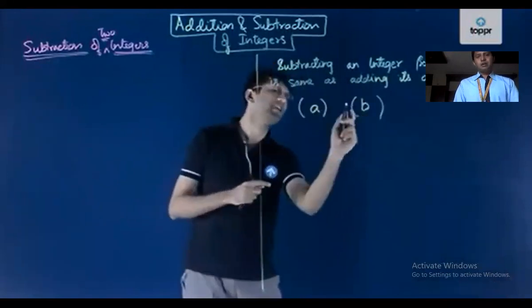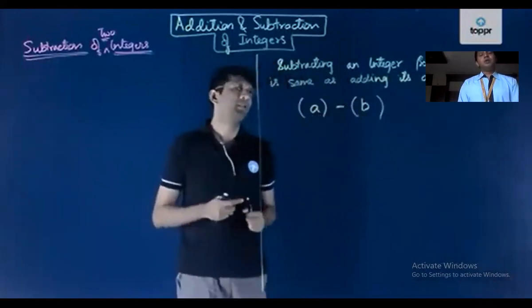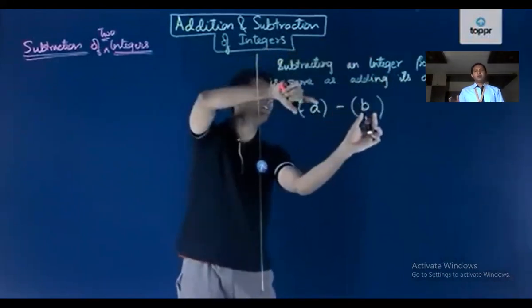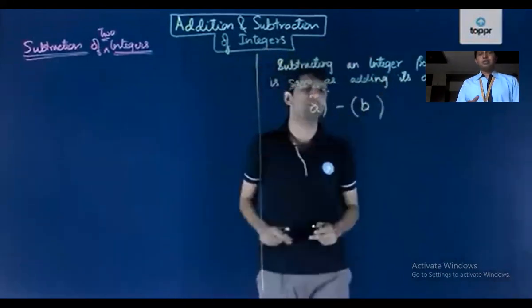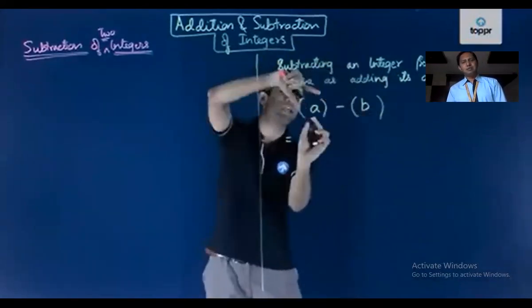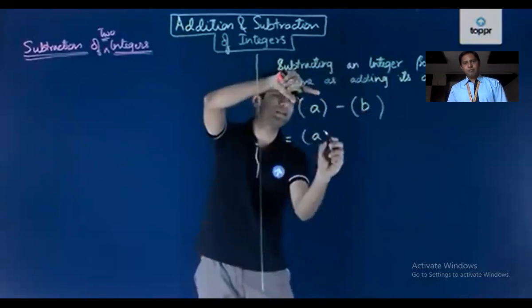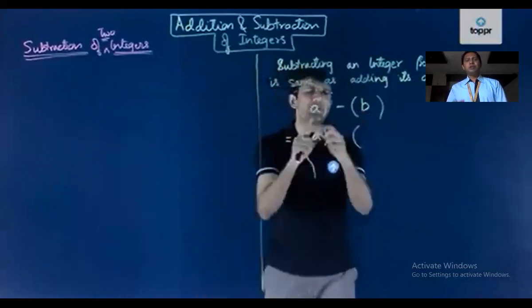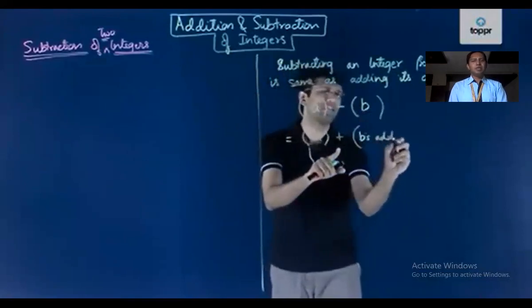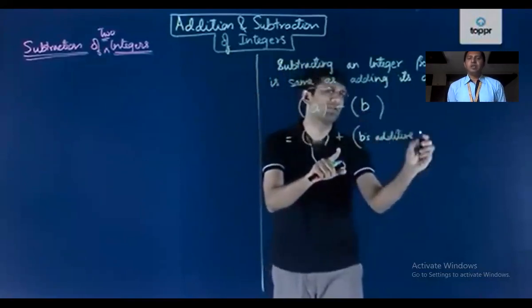So we'll write a negative sign in between these two in the case of subtraction. Now the subtraction of one integer from another is the same as addition of the additive inverse. So we'll write a as it is. They write addition of integers. So addition of the additive inverse of b, so plus b's additive inverse.